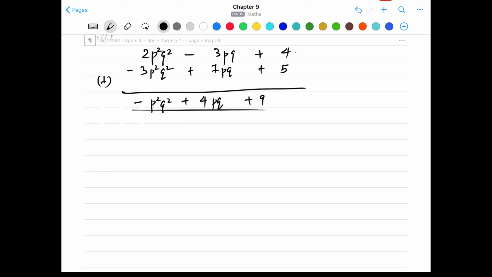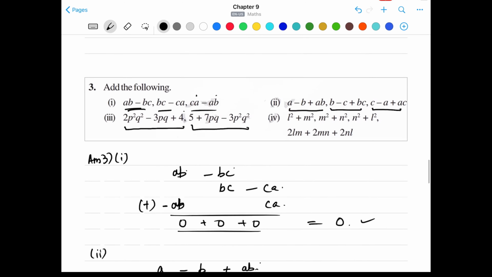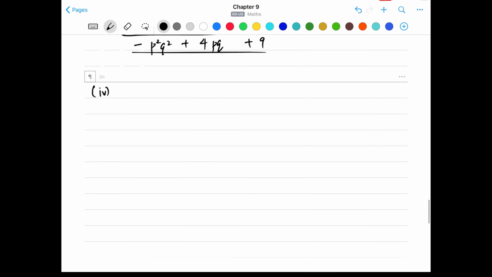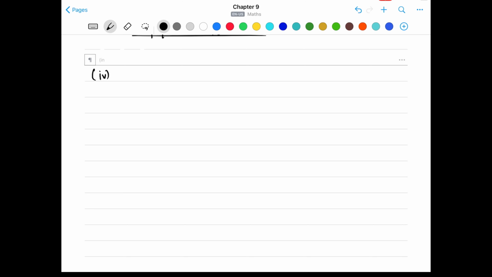Now let's come to part 4 of question number 3. Here we have a total of 4 expressions, which are L square plus M square, M square plus N square, N square plus L square, and 2LM plus 2MN plus 2NL. So let's write these terms first. We have L square plus M square. The second term has M square plus N square, so M square will be written below M square, and N square will be written after this.